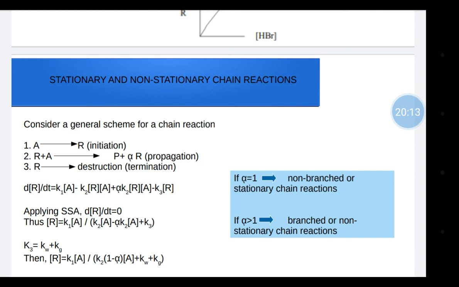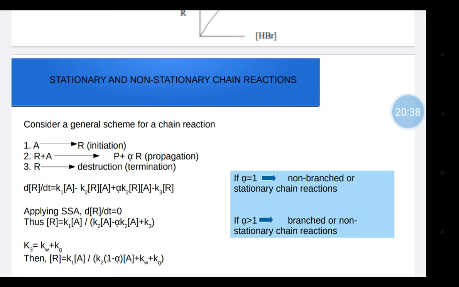Now, if the value of alpha is equal to 1, the reaction where the propagation sequence leads to the formation of a molecule of product and the regeneration of only one chain carrier, such chain reactions are termed non-branched or stationary chain reactions.